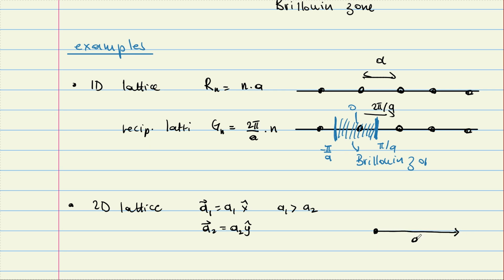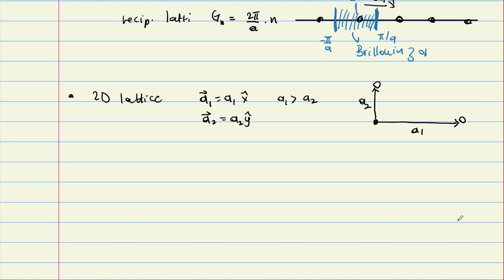So this is a1, this is a2, and the other sites. Then for the reciprocal lattice, b1 is going to be 2 pi over a1 x hat, and b2 is going to be 2 pi over a2 y hat.